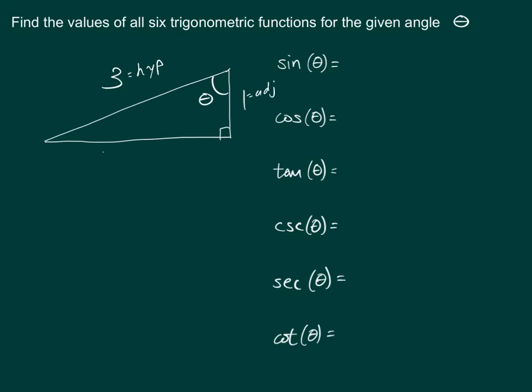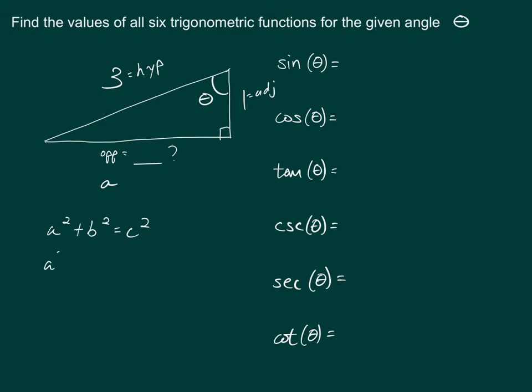But the opposite side here has no value. It's not given, but you can find it using the Pythagorean theorem. And so I'm going to call this opposite side A. That means the one over here would be B, and the hypotenuse will be C. So when I use the Pythagorean theorem, a squared plus b squared equals c squared, I can substitute some numbers in there.